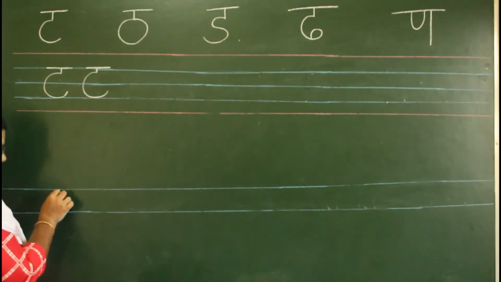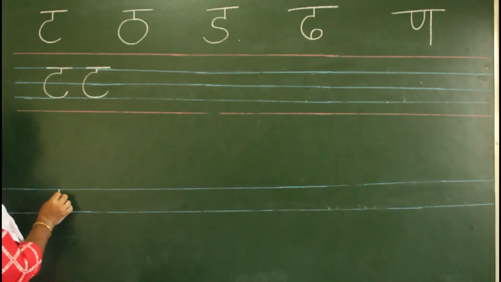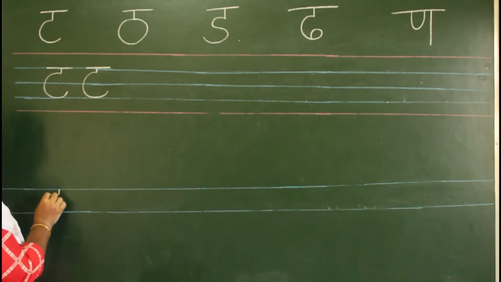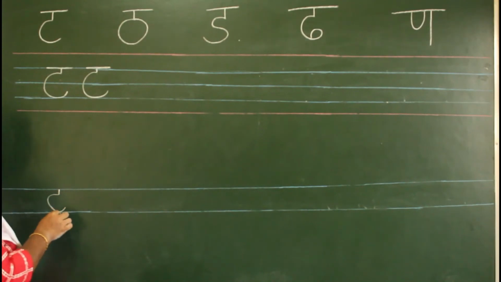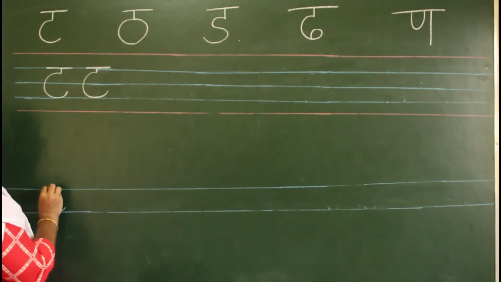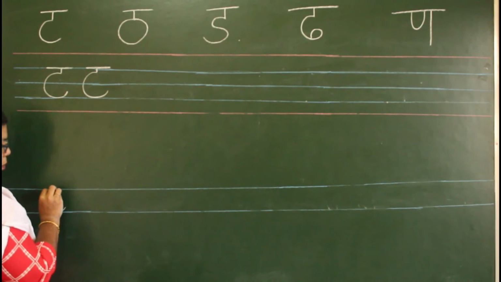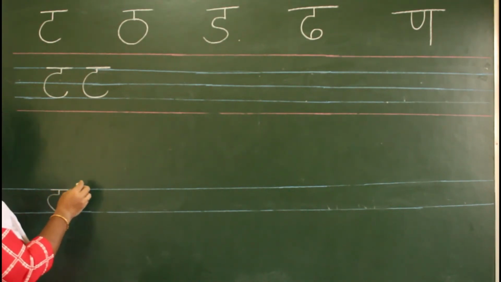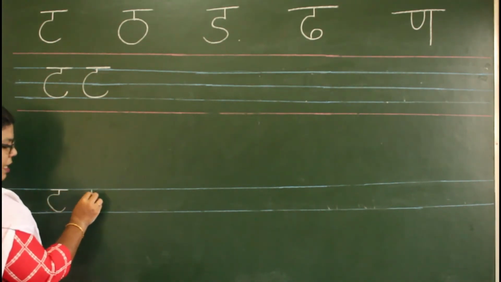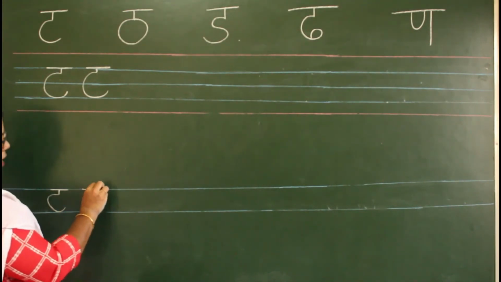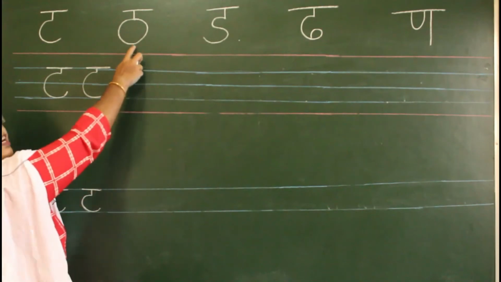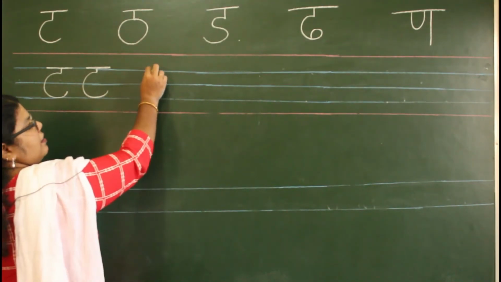Draw a small standing line from the first blue line, and then draw a curve like this touching the second blue line, and on the top draw a sleeping line. Standing line, curve, sleeping line. Next is tha.